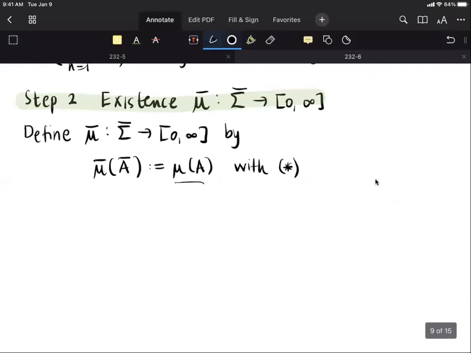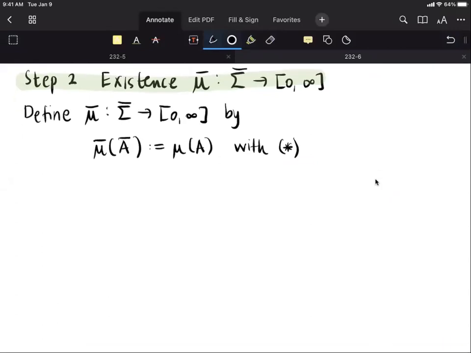And this is well defined because A is in sigma. So the right-hand side makes sense.